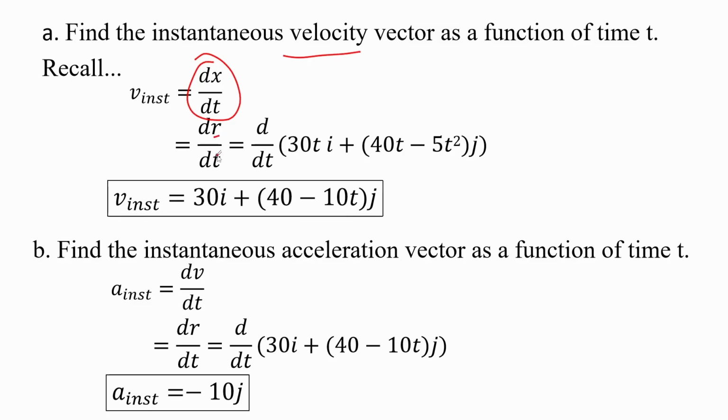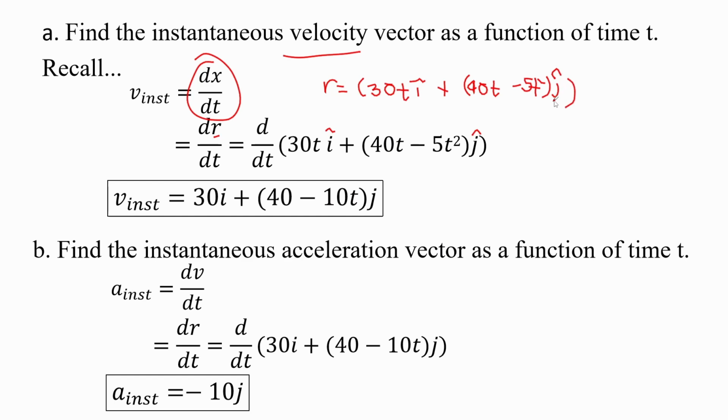So we know that its position r is equal to 30t i hat plus 40t minus 5t squared j hat.